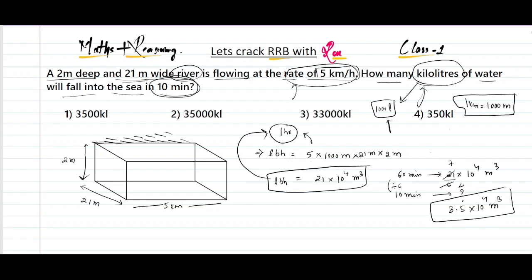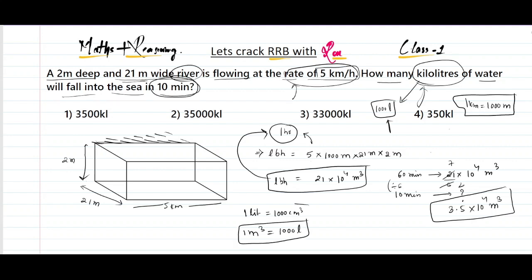But my answer should be in 1000 liters. So here is a bit you need to know. One more conversion: 1 liter equals 1000 centimeter cube and 1 meter cube equals 1000 liters.